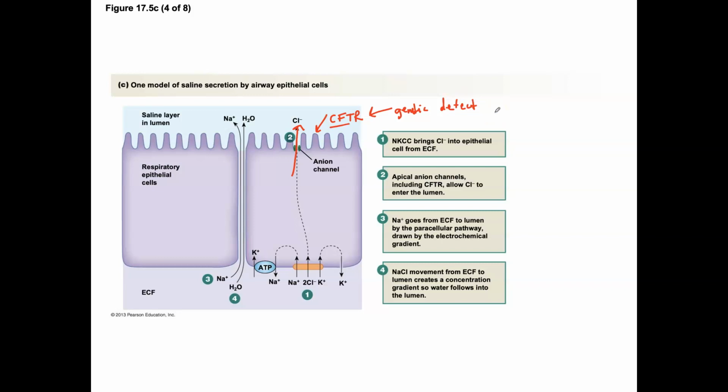It's inherited, and this is going to lead to decreased water and electrolytes into the luminal space. That leads to thickened mucus and the symptoms that we associate with cystic fibrosis in the respiratory system. That thick mucus is hard to clear, and bacteria can colonize, and that can lead to lung infections.